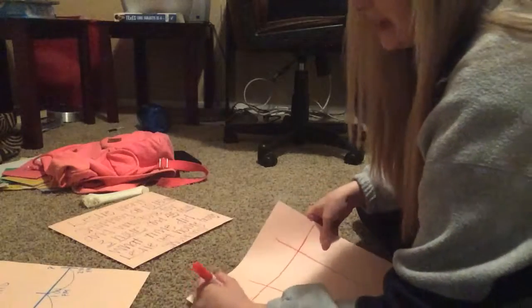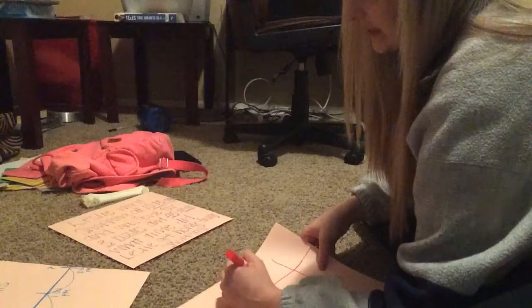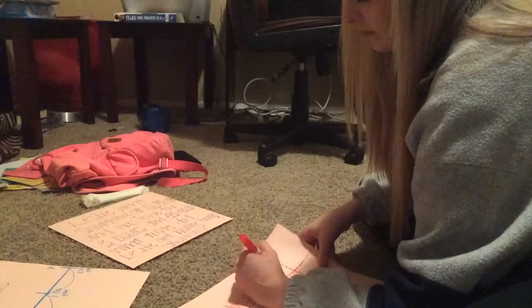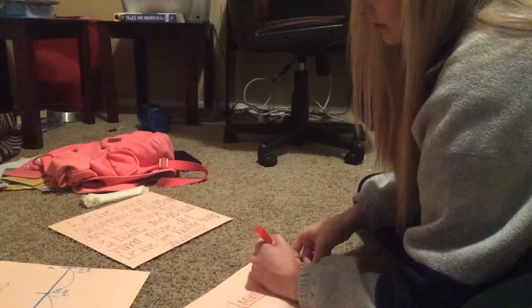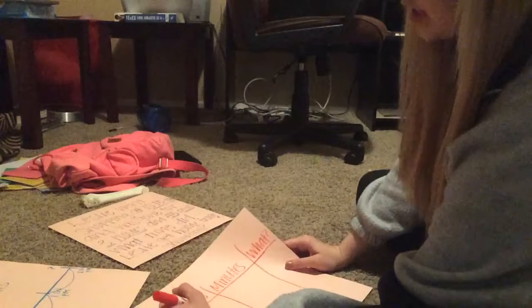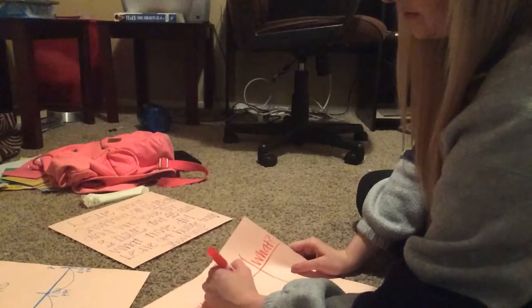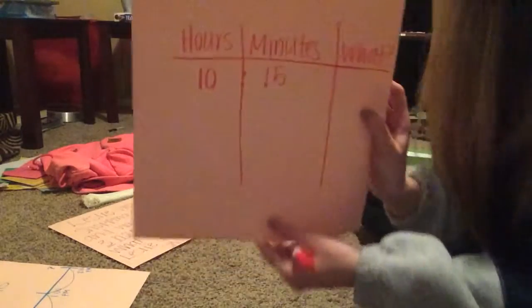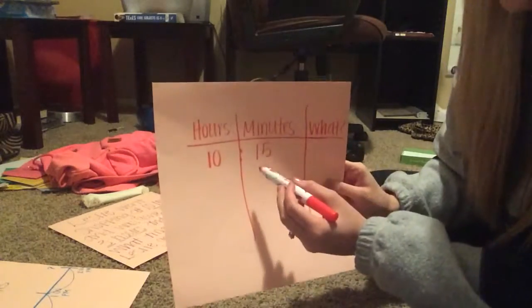Okay, it's going to be hours in our first column, minutes in our second, and what in our third. So what are we doing? Well, we know that we start at 10 in the hours, 15 in the minutes, so hours and minutes, 10, 15, and we need to add 3 hours and 45 minutes to this.